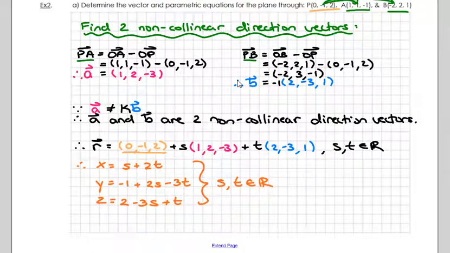Notice that in b, I actually didn't stop here, and I'm going to explain why. You can stop there if you want to, but notice that you have a lot of negatives. If you ever have negatives, or larger numbers that you can reduce the entire vector by, you can definitely do that. So I pulled out a -1 as my common factor, and I left a really nice direction vector with smaller numbers and less negatives.